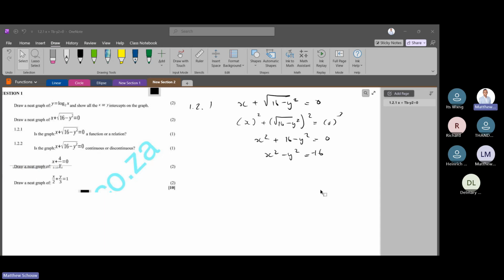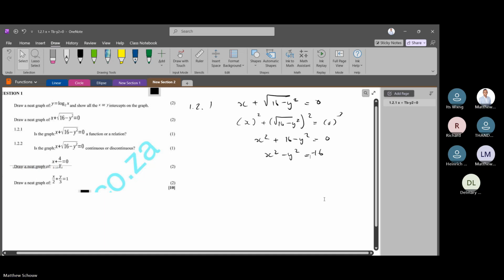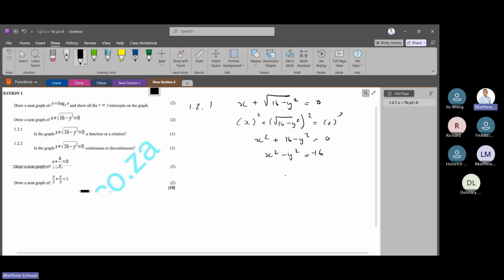My brain is tired now. y squared, it's the radius. To make sure, the general form is y equals the square root of r squared minus x squared. That's going to be for a semicircle. For a circle, it's going to be circles like this.